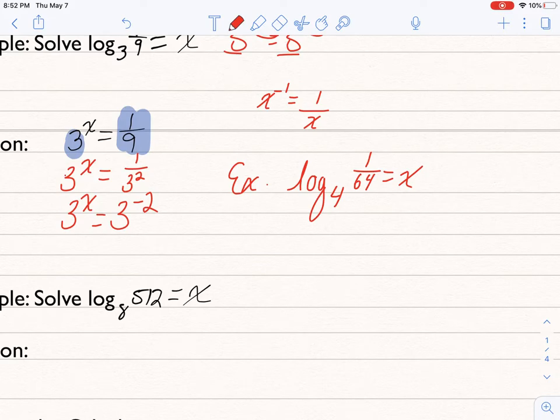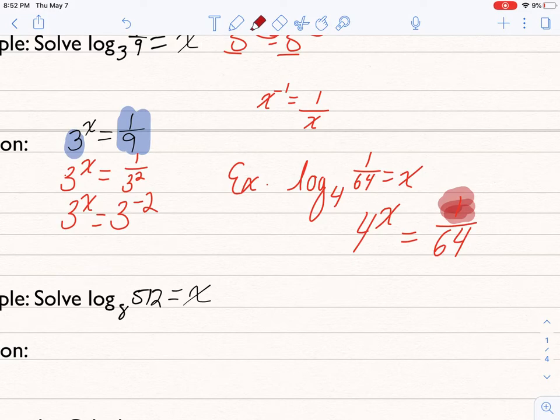So I'm going to rewrite this in exponential form first: 4 to the x equals 1 over 64. The easiest way for right now to think about it is when you have something equaling a fraction, so you've got 1 in your numerator, you know it has to be a negative exponent because we've moved it down to the bottom, and that's why we got a 1 in the top.